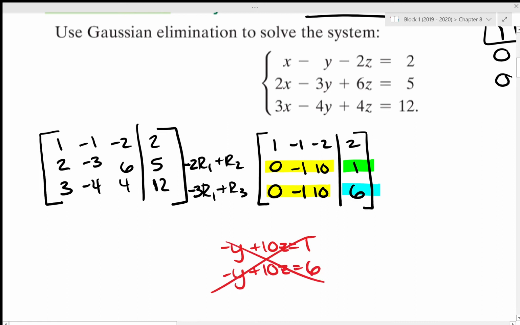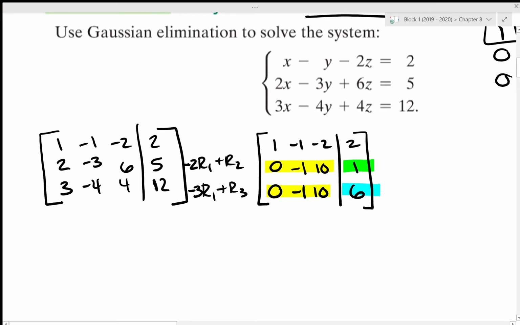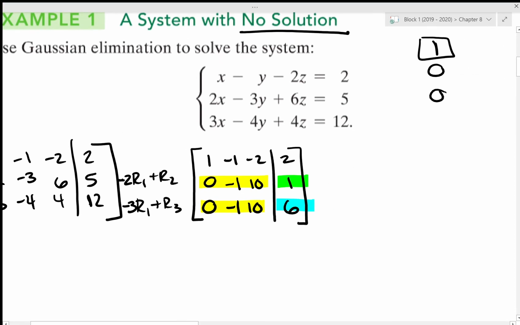That's not possible. So we know it's going to be no solution because of that, okay? But let's keep going trying to get it in row echelon form for now. And then I could show you another way of how you notice, just in case you didn't see that rows 2 and 3 were that much in common.